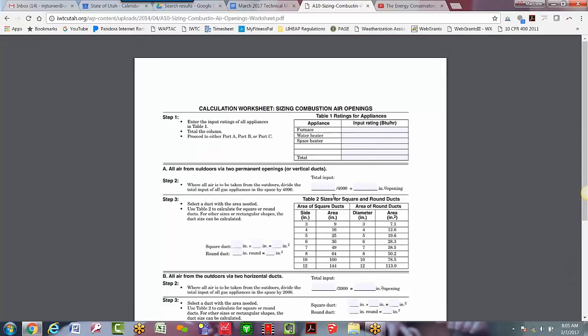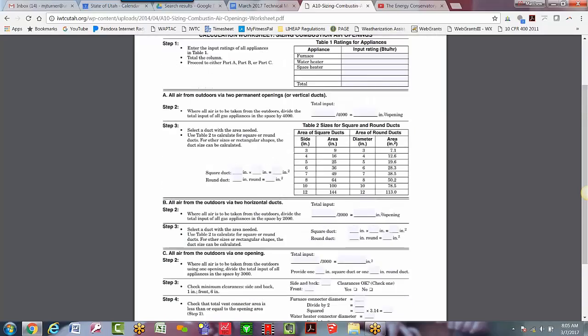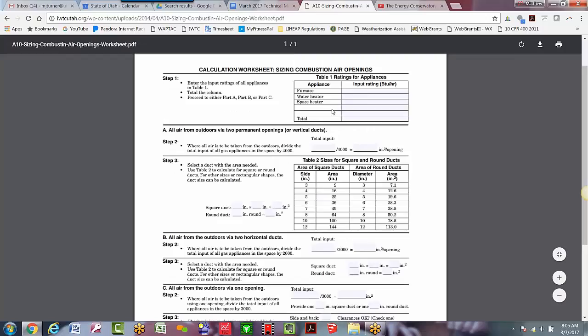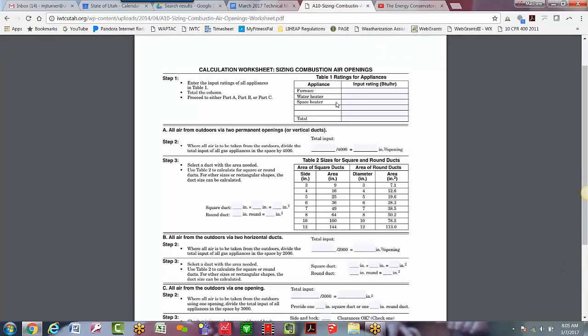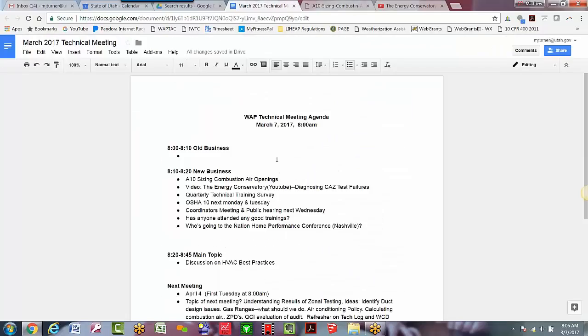If you have a better method or a different form, you're welcome to use whatever. But this would be a very good way to document that you actually calculated your combustion air needs for whatever home you're working on. There's a link on the website. Any questions on that before I move on to the next one?